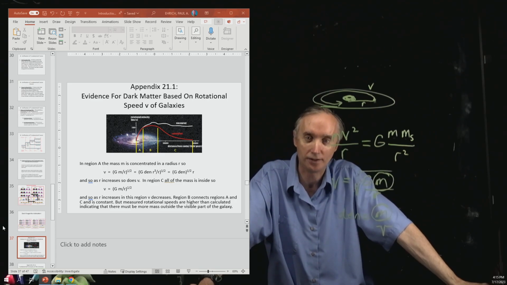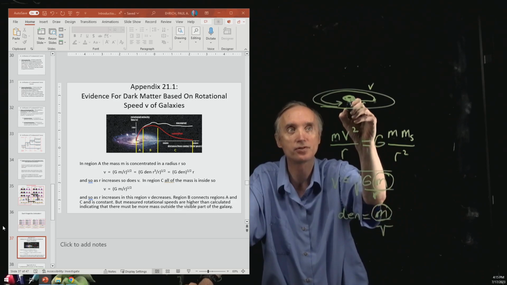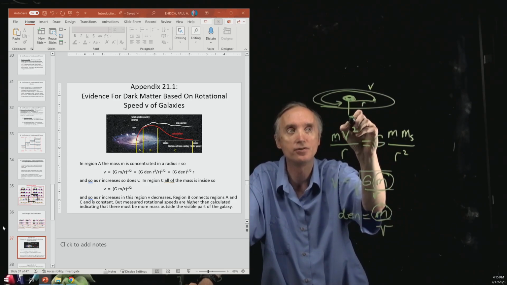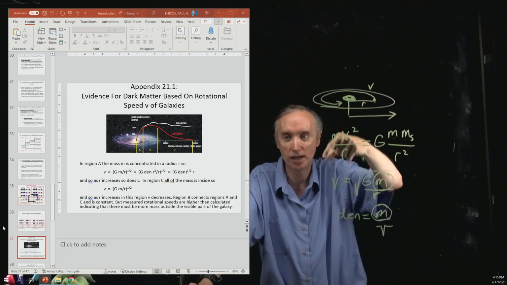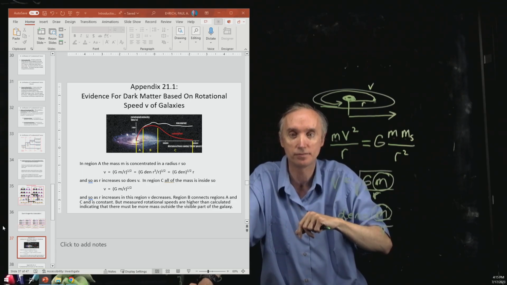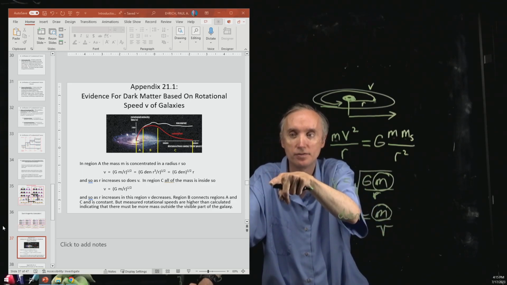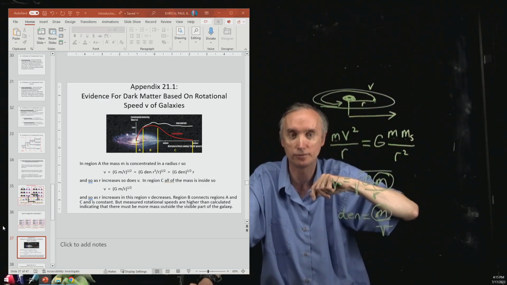So the point is that as you start here and get further out in a galaxy, the rotational rate of that galaxy ought to increase. As r increases, so does the speed of the rotation.